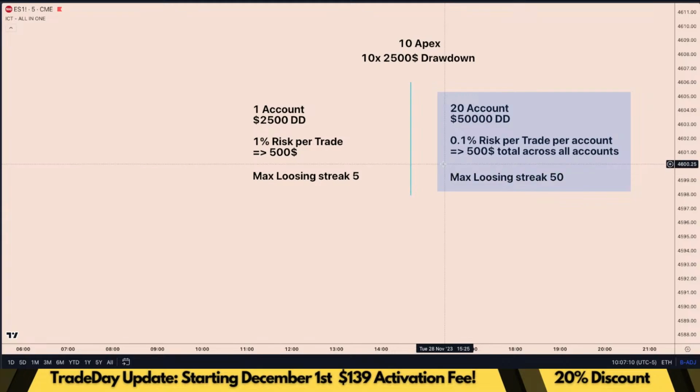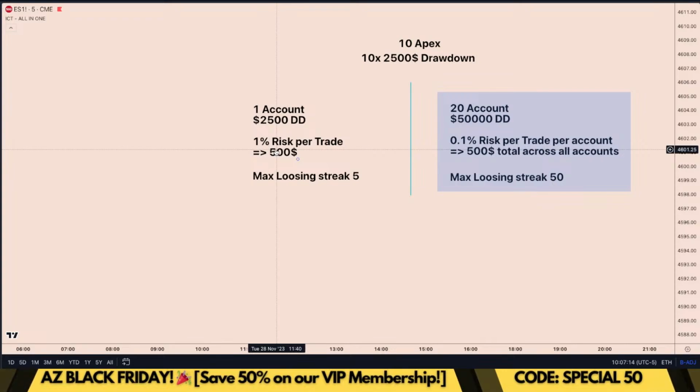Comparing that to any other futures funding firm, you still have your drawdown, and with Take Profit Trader, TradeDay, and Topstep, you can only have up to 3 funded accounts at the same time.